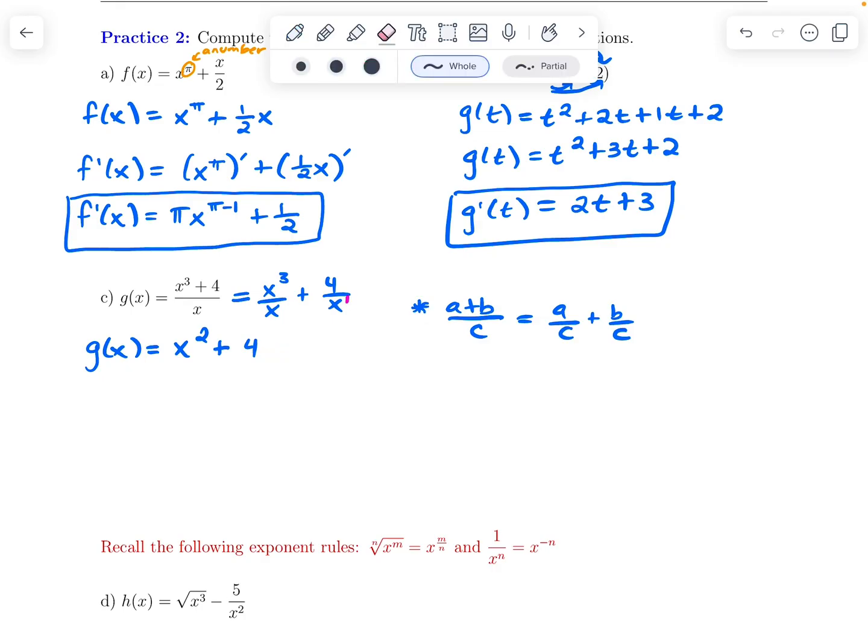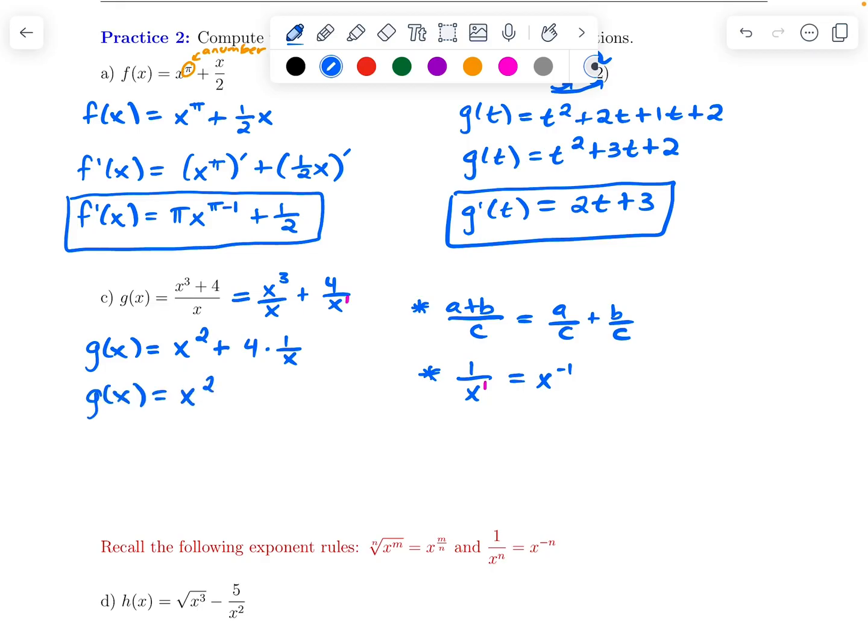Just so you can actually see how I'm doing that, it's like 4 times 1 over x, that's equivalent. But 1 over x is the same thing as x to the negative 1, because there's really a 1 as the exponent in the denominator, right? It's just invisible here. And so I get g of x is equal to x squared plus 4x to the negative 1.